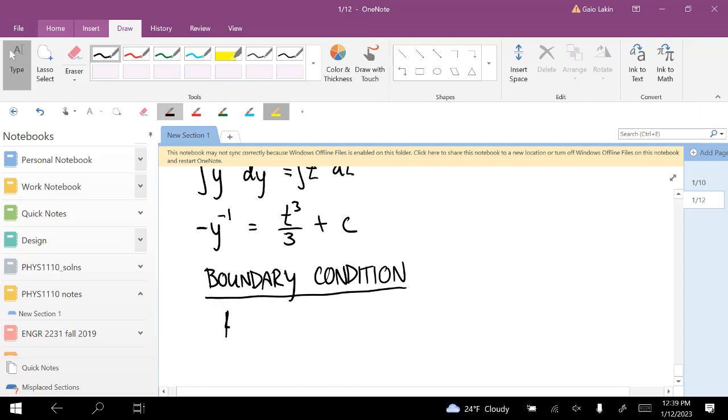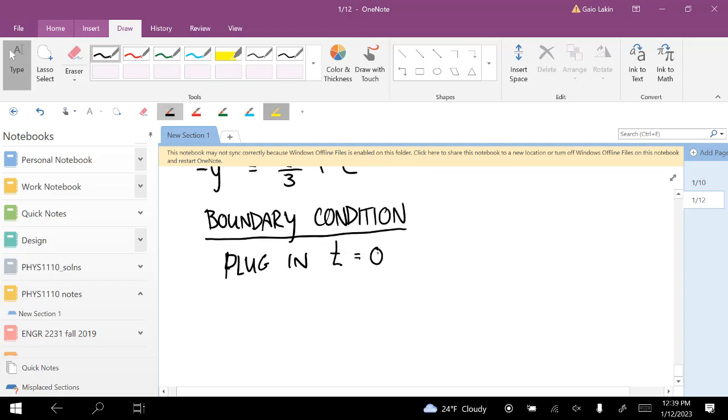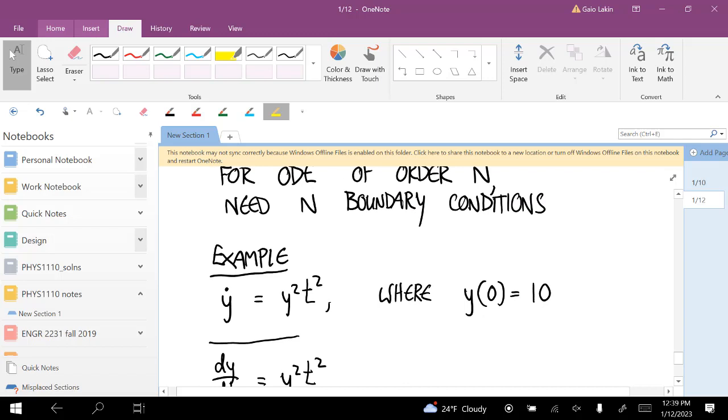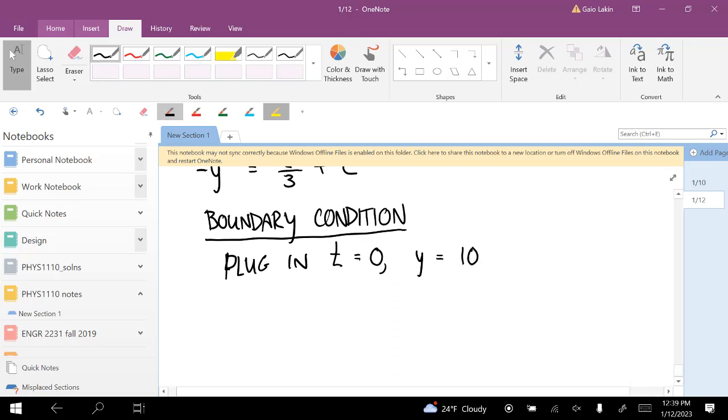So we're going to plug in t equals, you can see that this boundary condition is at t equals 0. So plug in t equals 0 and y, what's y at this boundary condition? 10, yep. And then we can solve for c.